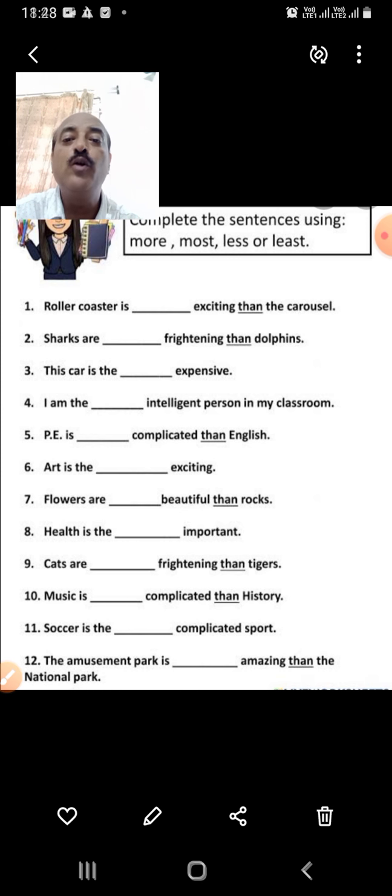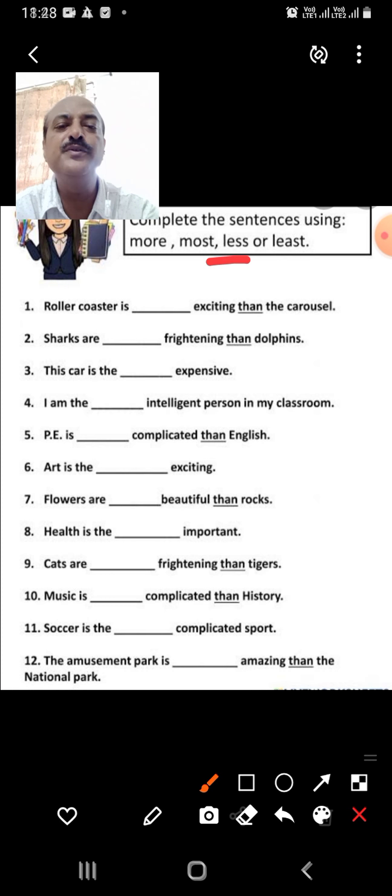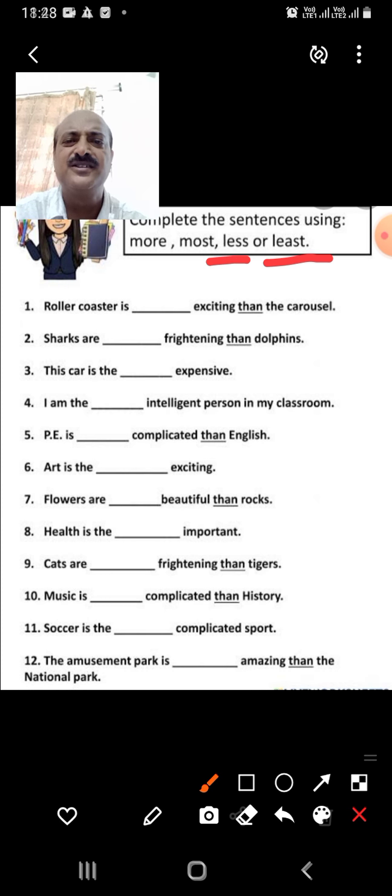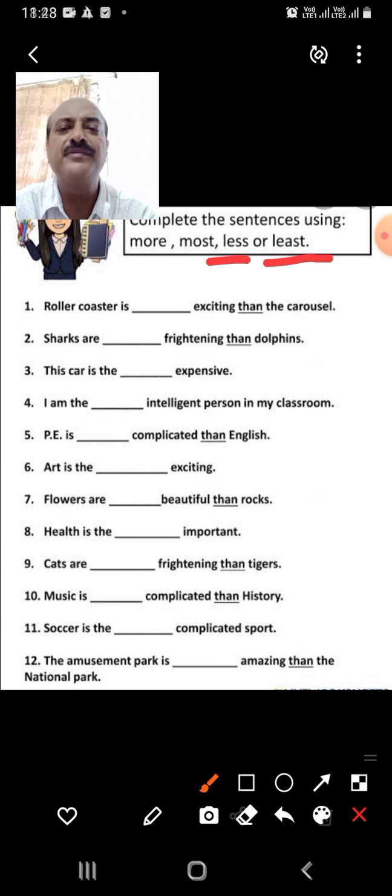So when we say more beautiful, in comparative we say she is less beautiful. More interesting, in comparative we use less interesting. In superlative we use least interesting. This is the least interesting subject, means very very less. So compare it, what is the positive of less?